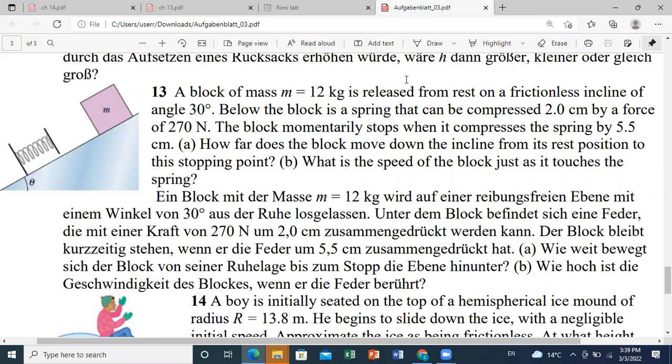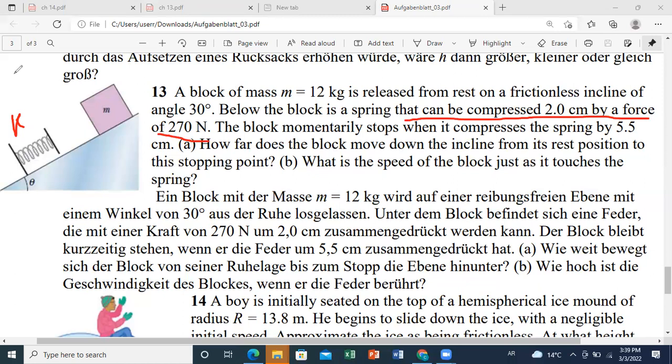So first, what is a little bit new is that instead of giving the stiffness of the spring, they gave you this sentence. They told you that your spring can be compressed 2 centimeters by a force of 270 Newtons.